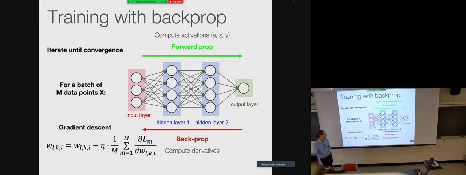Instead of the sum, we divide by m to compute the average gradient, and then we multiply by eta. And eta here is just a step size. How big of a step do we take in the direction of the gradient? Do we take small steps or large steps?